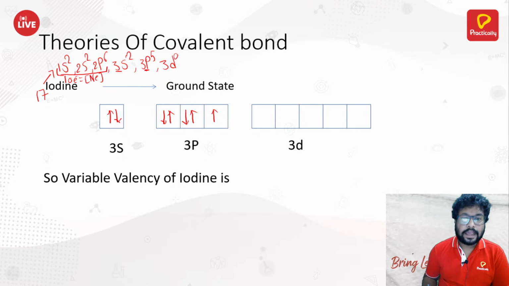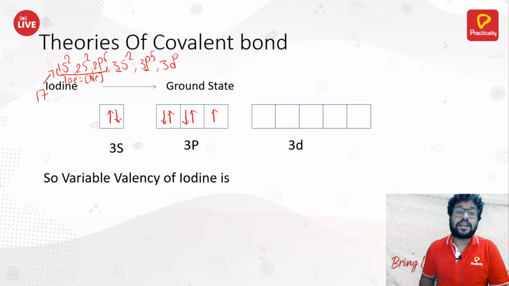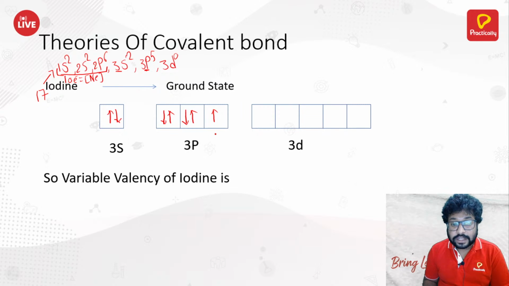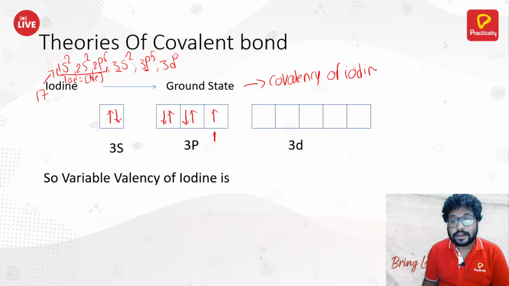So look, in the ground state, how many unpaired electrons are there? You can see only one unpaired electron there, right? So in the ground state, covalency of your iodine is 1, right? Iodine can form only one bond.